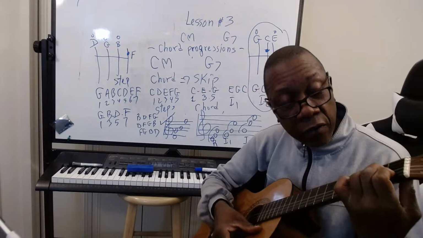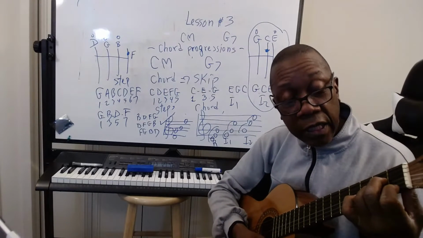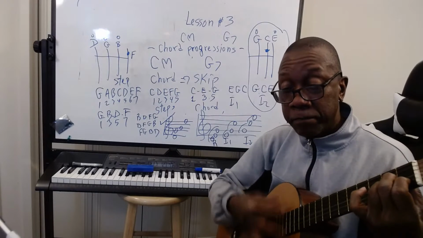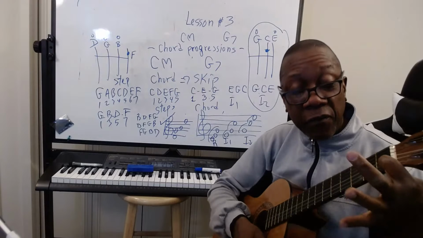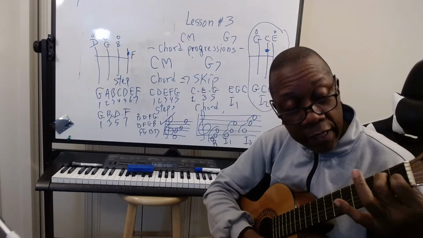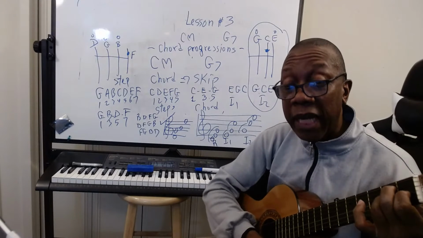So my fingers are on the fourth string, third string of the second fret, and second string of the first fret, that's an A minor. If I move that finger to the third string, and I have my other fingers on the fifth and fourth string, I have the E major.